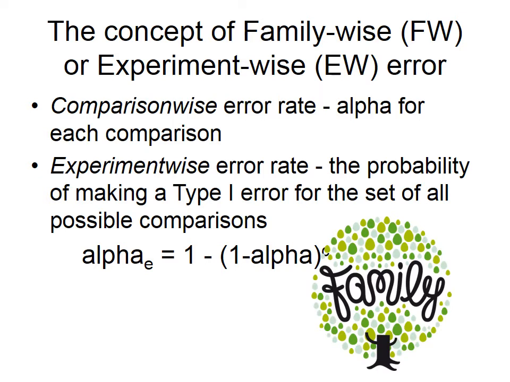The family-wise error is the probability of making a type 1 error for the set of all possible comparisons. At the bottom of this slide, you see the formula for experiment-wise error, where C is the number of comparisons you're making. This is the official most correct formula for family-wise error.